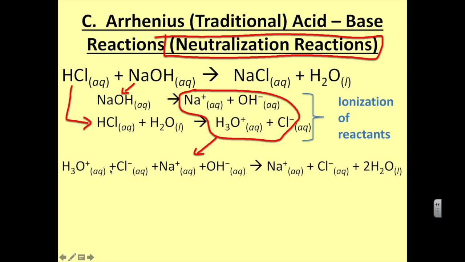What will happen is the H3O and the OH will pair up. When we have hydronium and hydroxide, they will even each other out and they will produce water over here. So what we're actually going to see is we have 3 hydrogens and another hydrogen that makes 4 hydrogens.